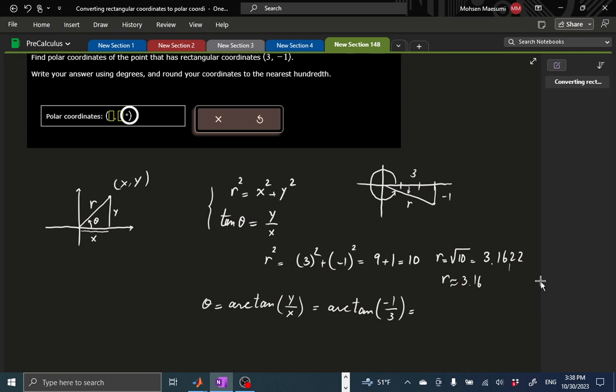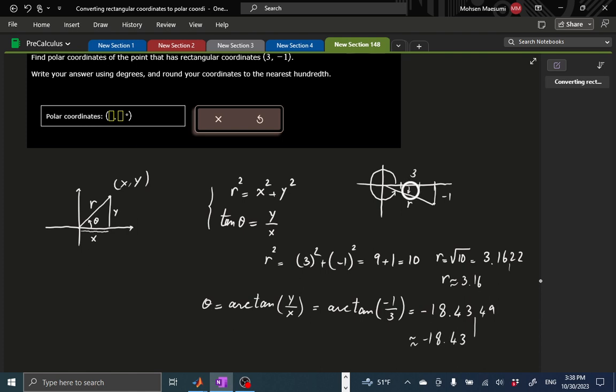It's asking for degrees, so you want to make sure that is right, and that if you are entering negative numbers in your arctangents, your calculator can actually understand that. So this is going to be minus 18.4349, etc. And again, to two decimal places, we are going to have minus 18.43.